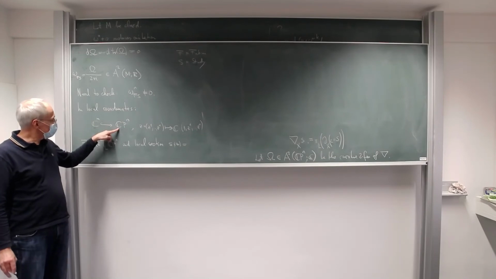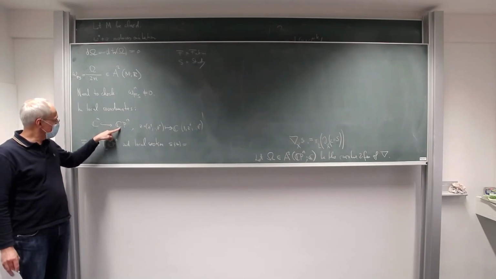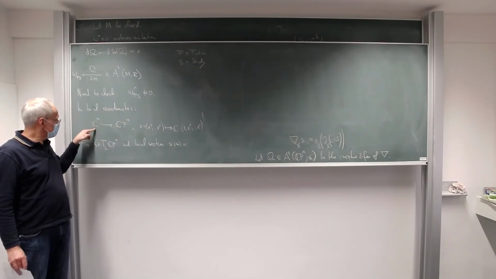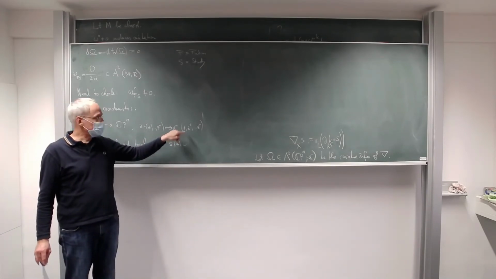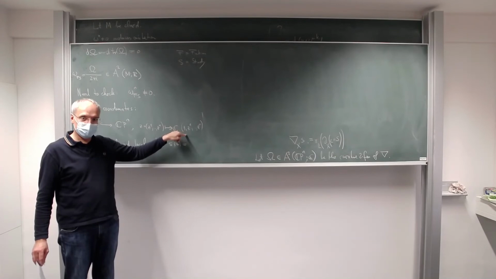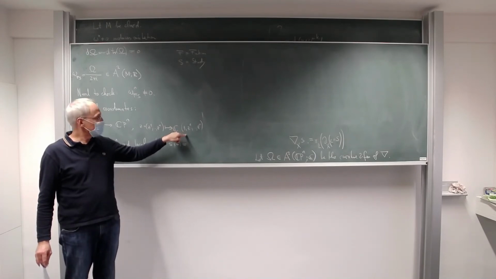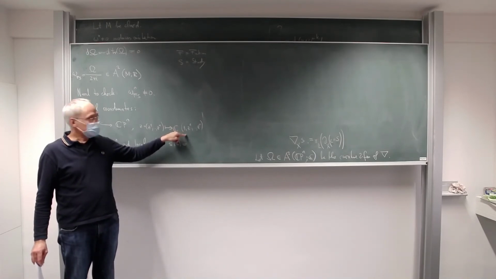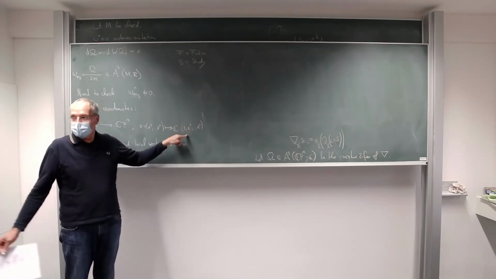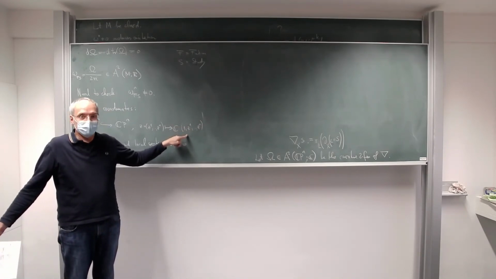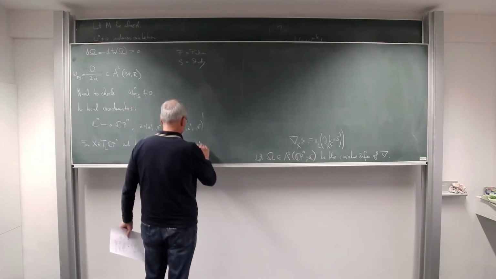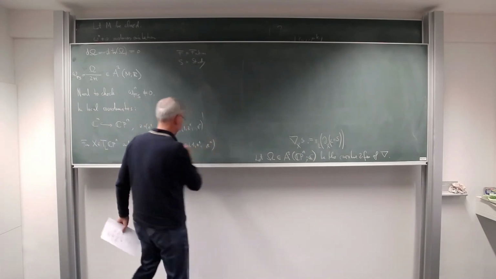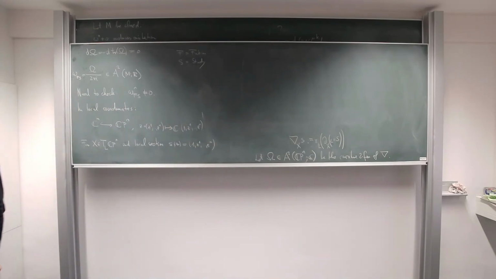So I have to associate to this point given by the coordinates z an element in that line. That's a local section. What can I possibly take? Well, I just take this generator. That's the easiest thing I can think of. So that's a canonical local section that comes to my mind.